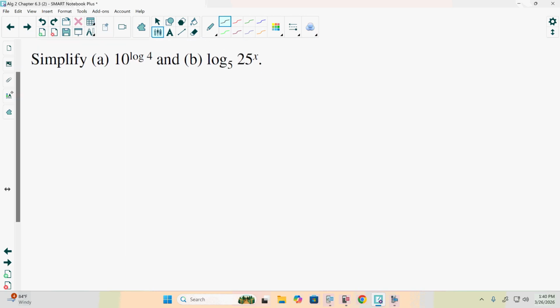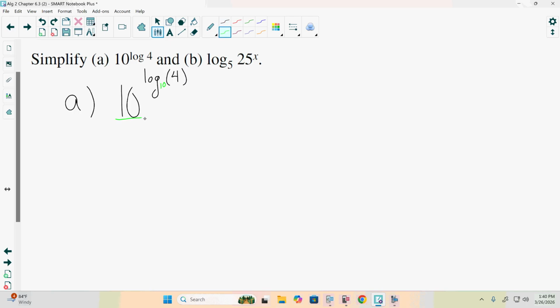So if we take that understanding and look at 10 to the log of 4, this will simplify. Because for log of 4, even though the base is not written, it's understood to be 10. So we have 10 to the log base 10 of 4.